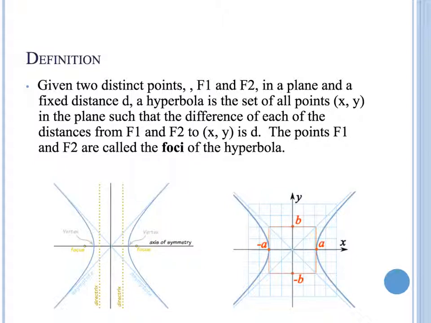Connecting those corners helps us create asymptotes or guidelines for the shape of the hyperbola itself.